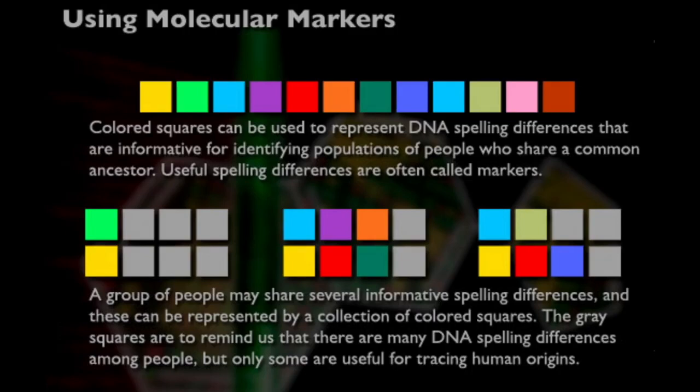Groups of people from different parts of the world may or may not contain the same spelling differences in certain areas, and the collection of these colored squares will tell you how humans have migrated, our origins, more or less.